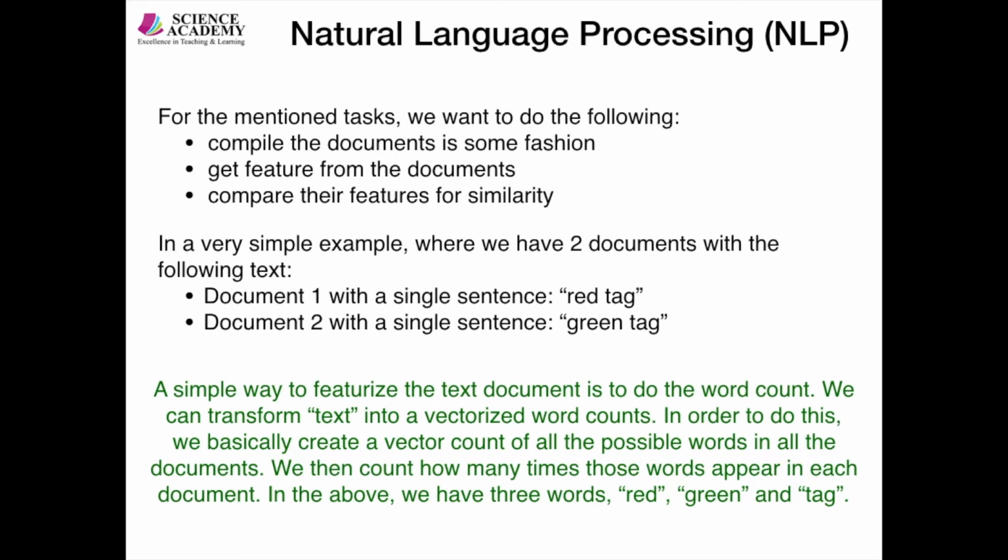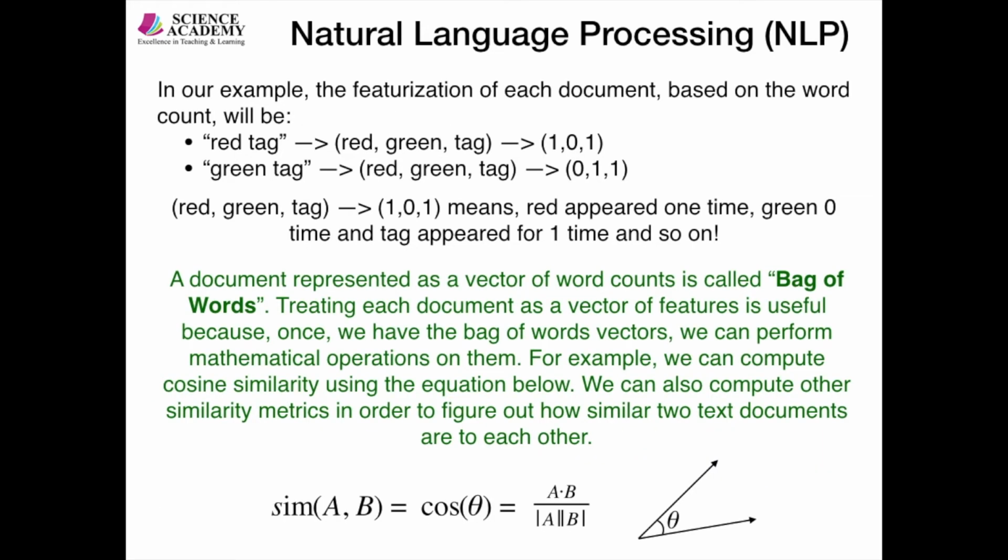In the above example, we have three words: red, green, and tag. In our example, the featurization of each document, document 1 and document 2, based on the word count will be: for document 1, red tag, red green tag, 101.